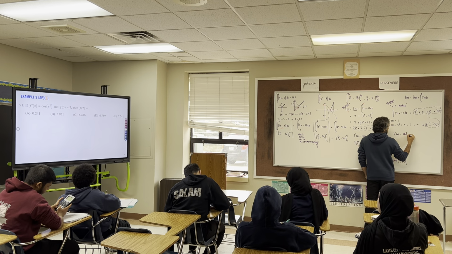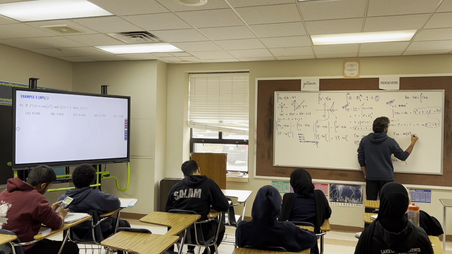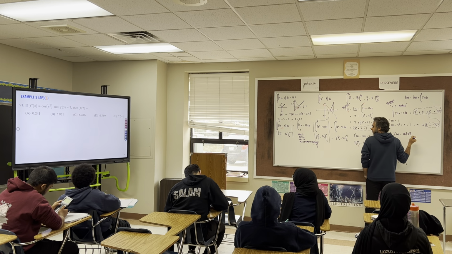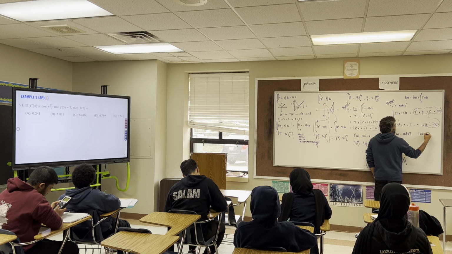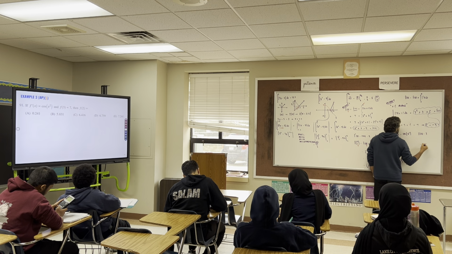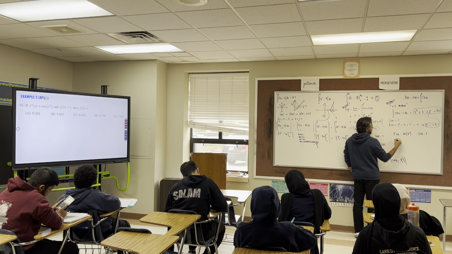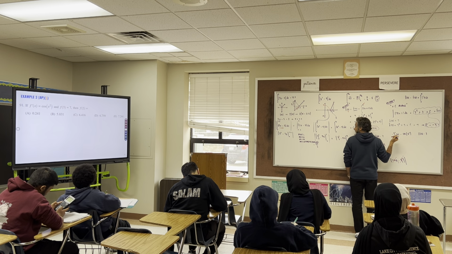Now you guys will notice nowhere is it titled that you're supposed to use the FTC. You're supposed to realize they're giving me an initial condition and they're giving me a derivative function. So if they ask me for a function, that must be using the FTC.